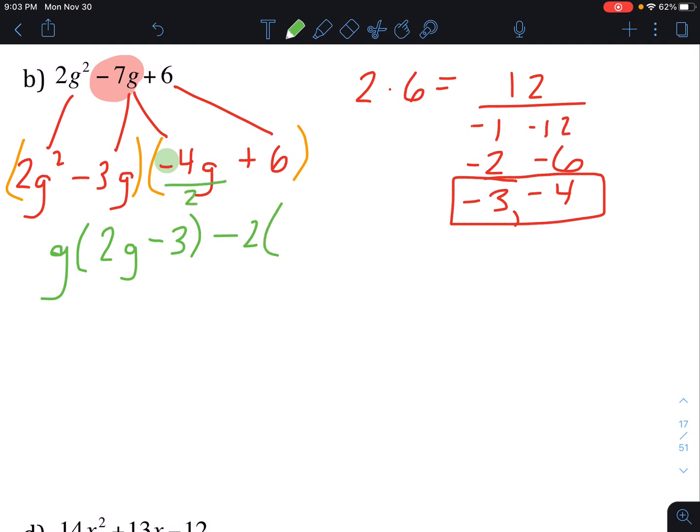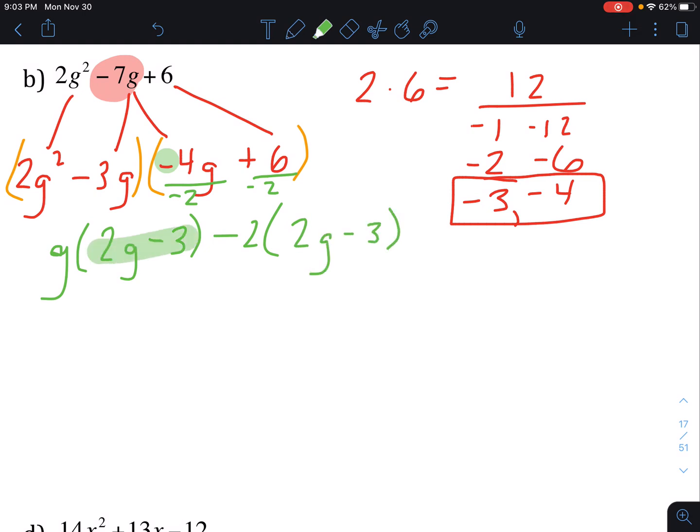Carefully divide by 2 to have -2g plus 3. Nope, I said that wrong. I wrote that wrong actually, divide by -2. So then divide to have 2g minus 3.